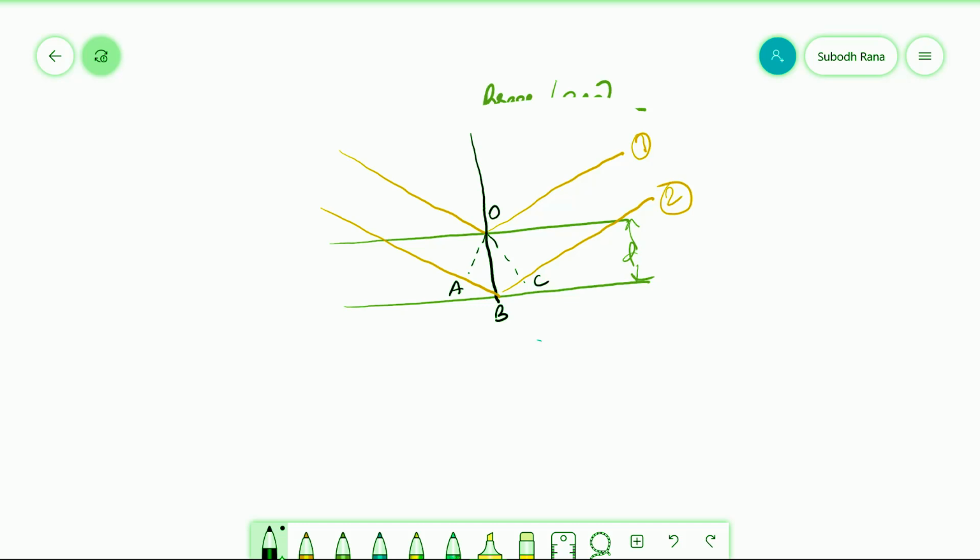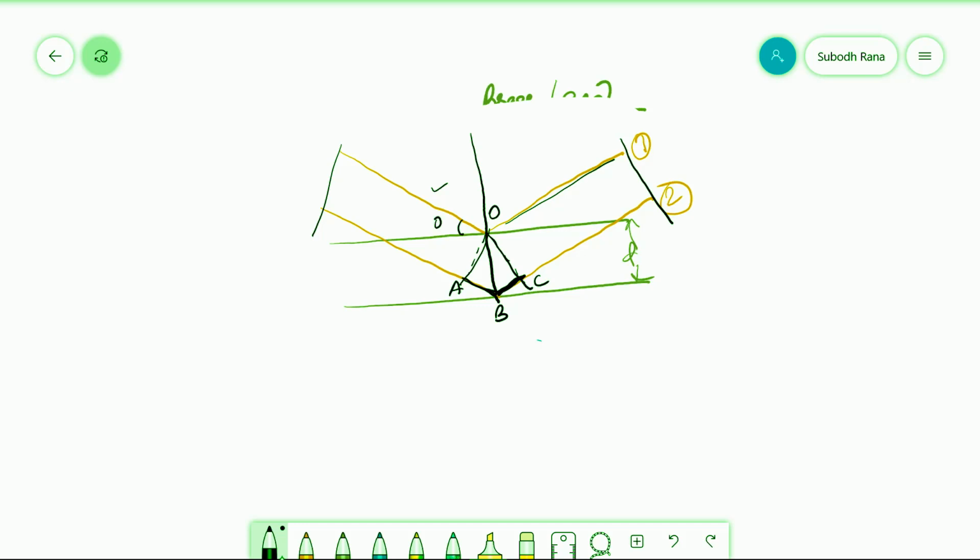What is the extra distance which wave number 2 has traveled? This is nothing but AB plus BC, right? Because these two are equal, and these two are also equal. So the extra path is AB plus BC.